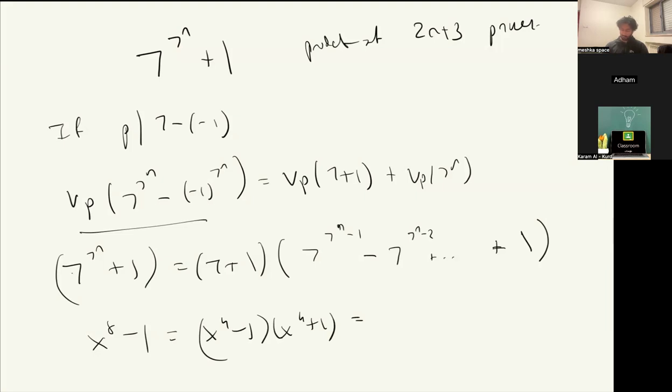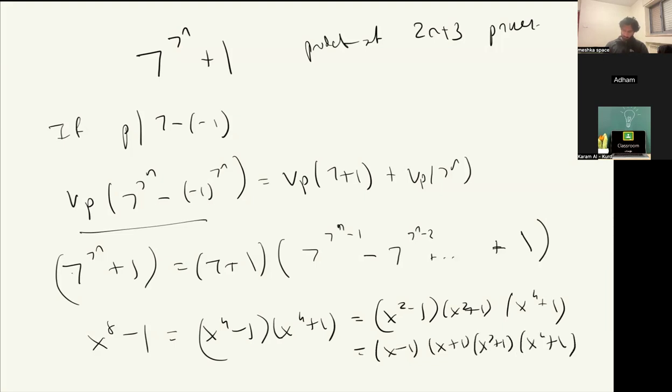Then x to the 4th minus 1 is x squared minus 1 times x squared plus 1, and I have here x to the 4th plus 1. And I can go even one more. The reason I can do this is because the power is itself a power; the 8 itself is a power of 2.